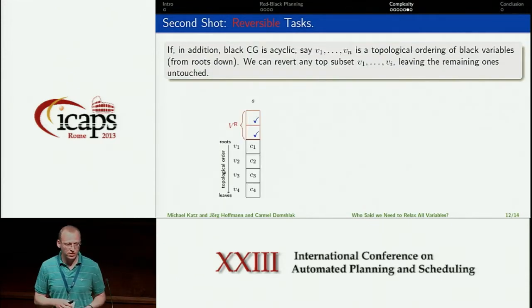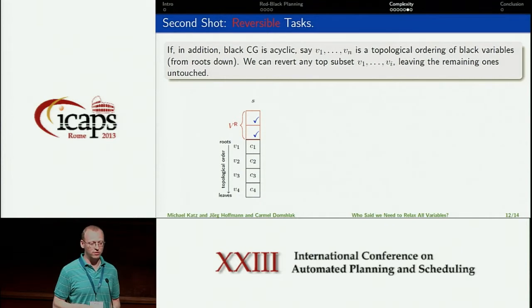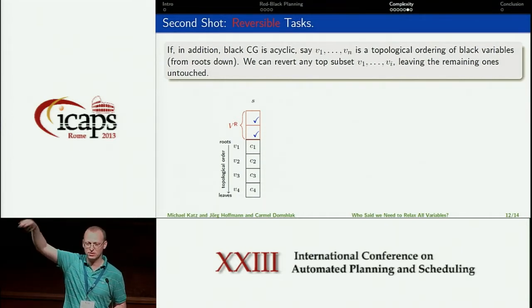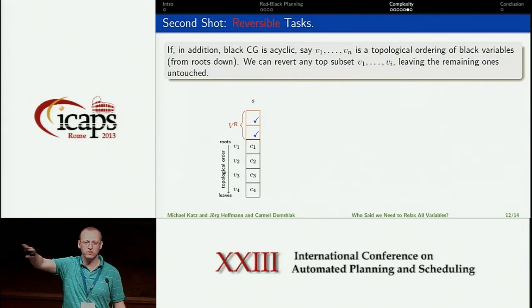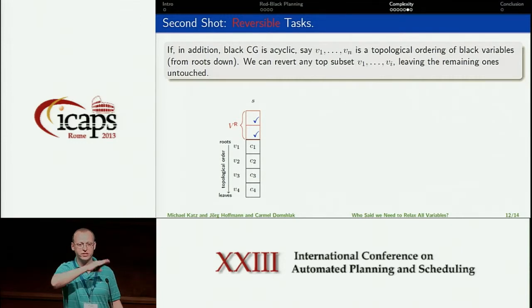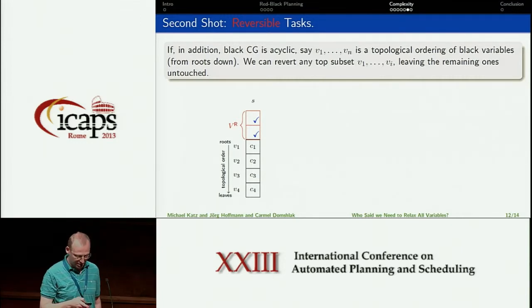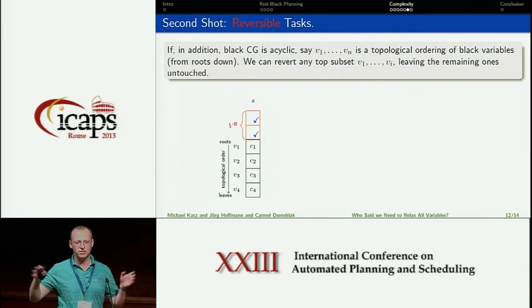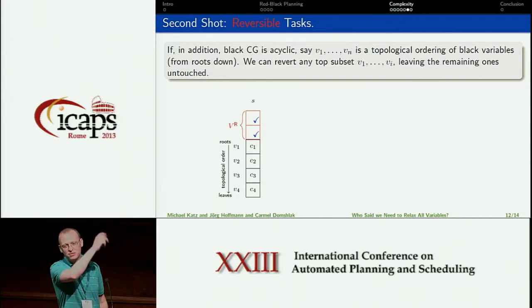The second observation is the following. We can actually tick our red variables, saying that they got their goal values. They accumulated all the values that we're going to need in the actions that change black variables, and we can just put them aside. That's not necessarily because those red variables are upper in the hierarchy of the causal graph, but we just put them aside.